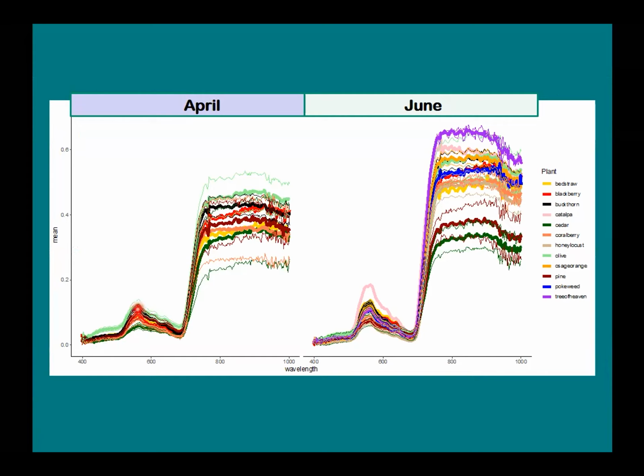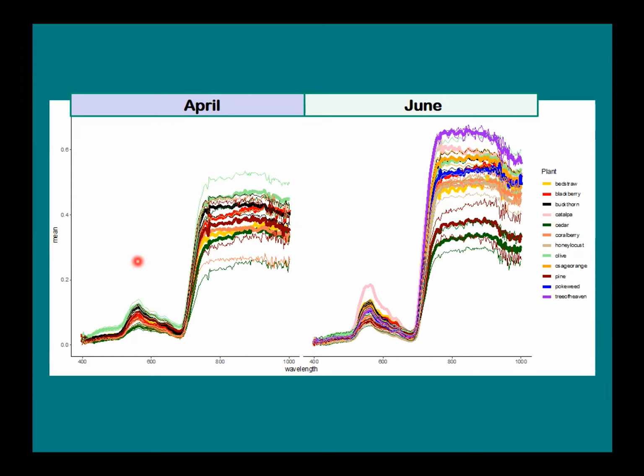There's high reflectance in the green, right? Because vegetation is green, so it's reflecting very highly in green wavelengths. It's photosynthesizing in the red. Actually, it's photosynthesizing in the blue too. So it's high absorption in the blue, reflectance in the green, absorption in the red. Then you get this area called the red edge, where the reflectances go way up. And then you've got this near infrared plateau here.